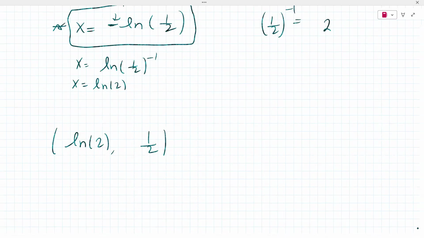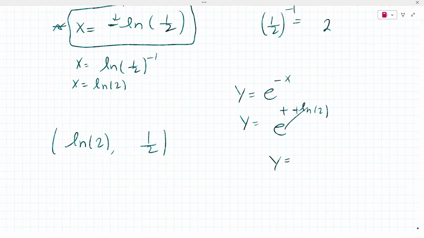Wait, so how did we get 1/2? Because y equals e to the negative x. So that's going to be y equals e to the minus a minus ln of 2. Two negatives become positive. So now e and ln cancel.